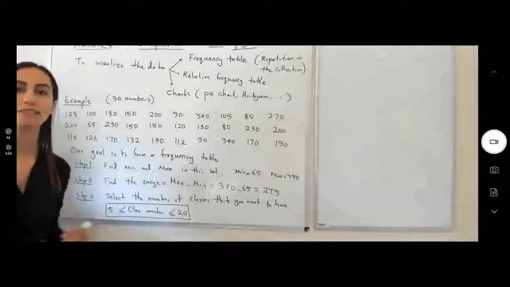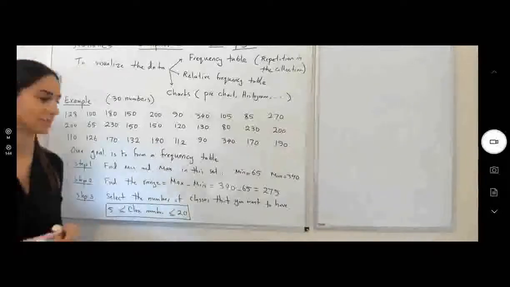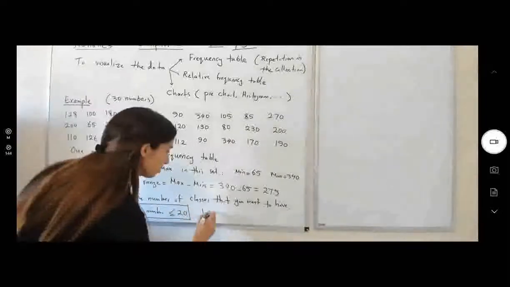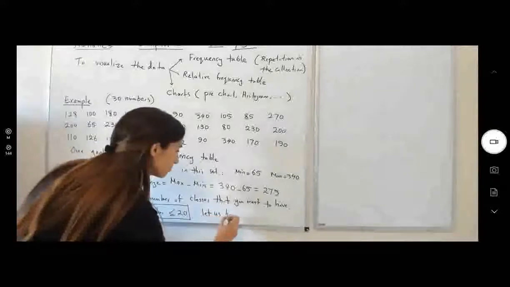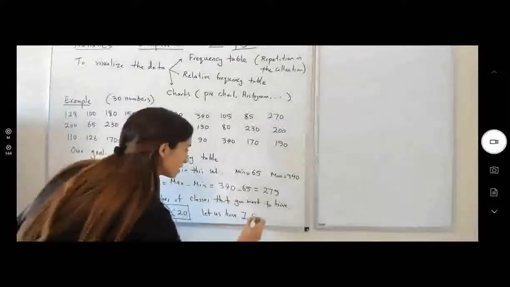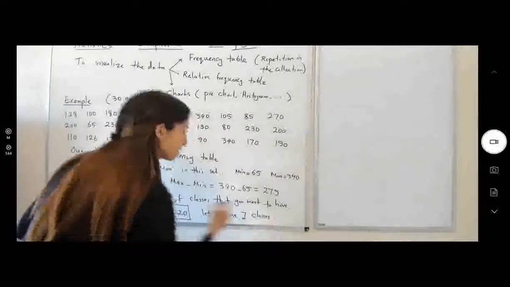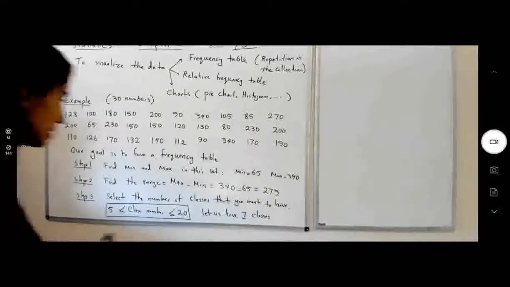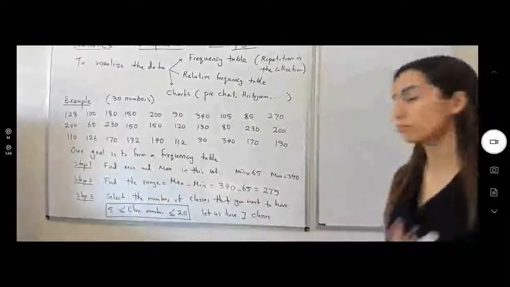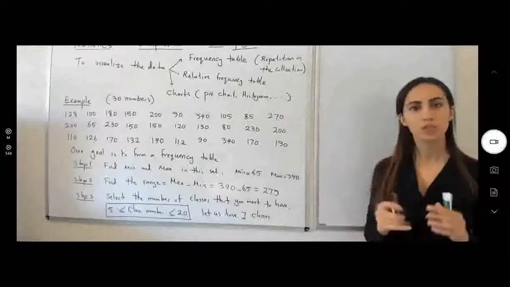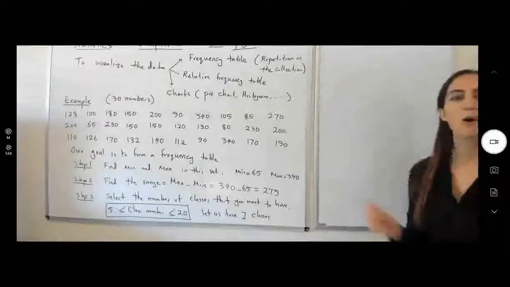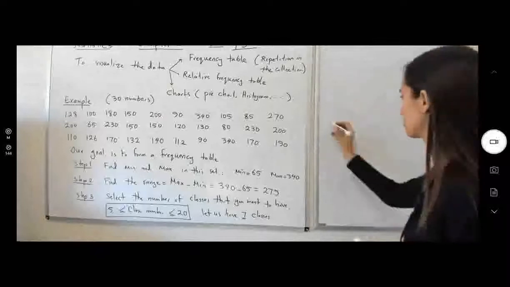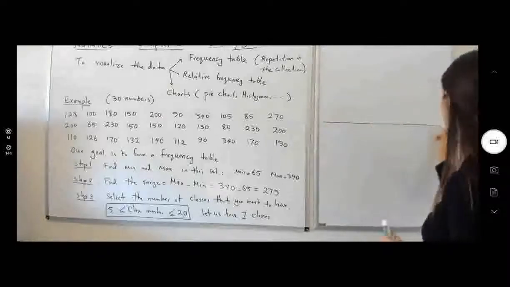Suppose I select 7 classes. So let us have 7 classes. Very well. So I already know that I'm going to have 7 classes. So let's form some part of a table. So this is a table.